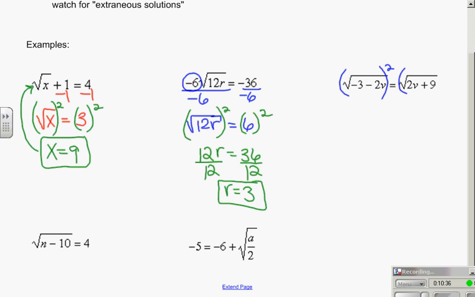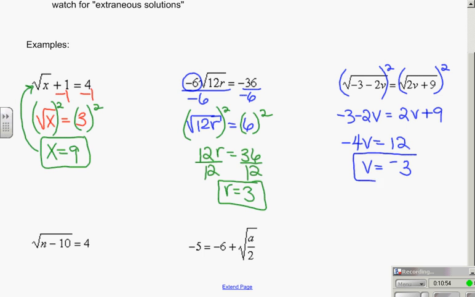In my next example, there's nothing to move away first because I have radicals on both sides. And so if I simply square both sides, I end up with -3 minus 2v is equal to 2v plus 9. Get your v's together, get your constants together.